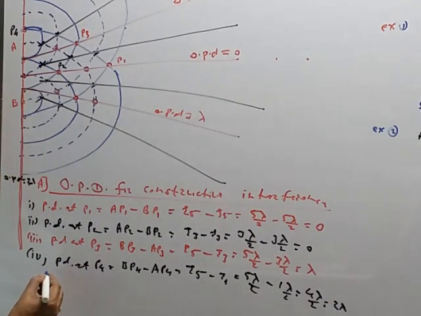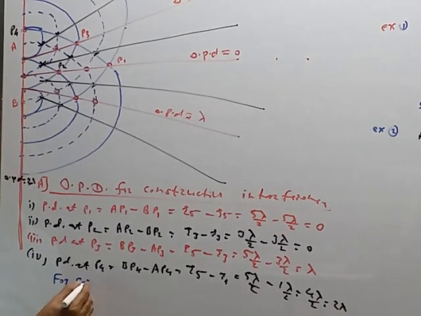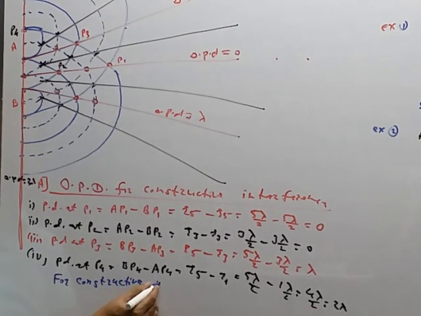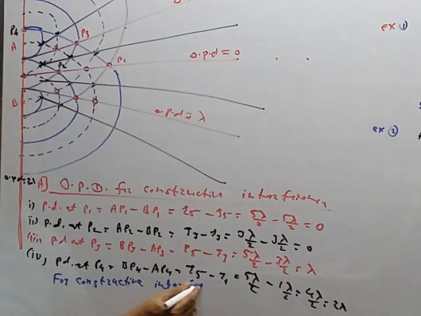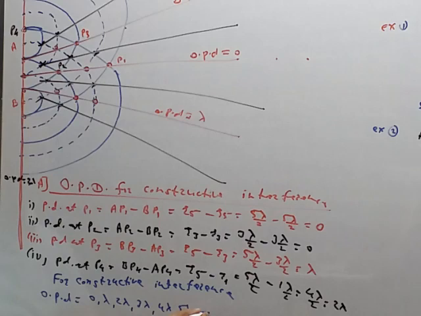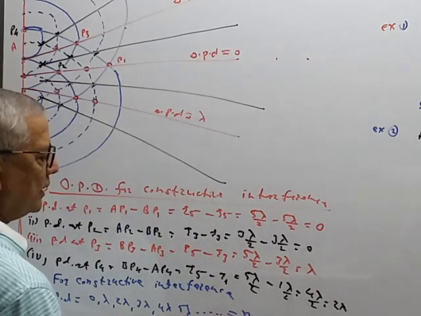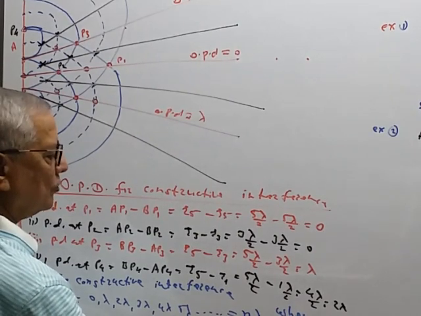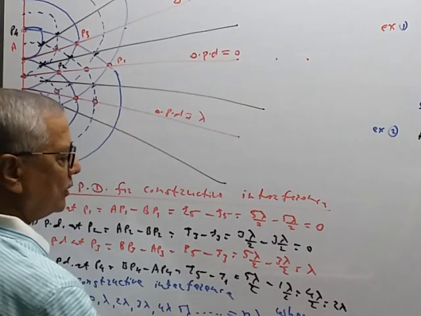So for constructive interference, optical path difference is equal to 0, lambda, 2 lambda, 3 lambda, 4 lambda, 5 lambda, etc. In general it is equal to n lambda, where n is equal to 0, 1, 2, 3, 4, 5, an integer.